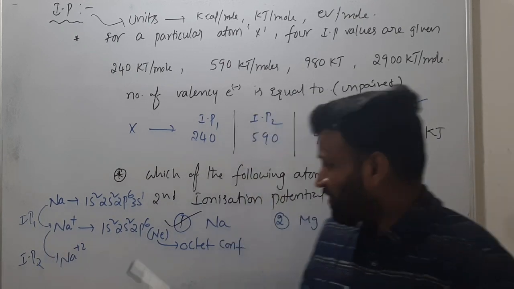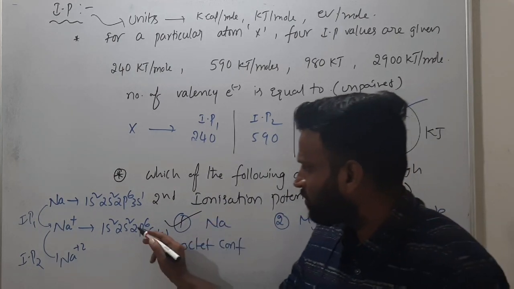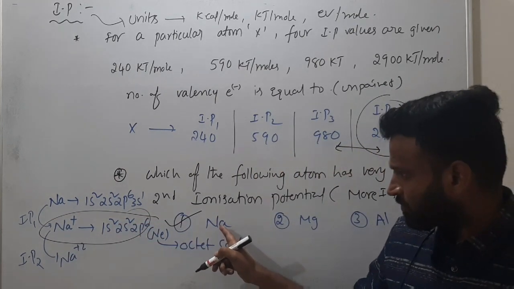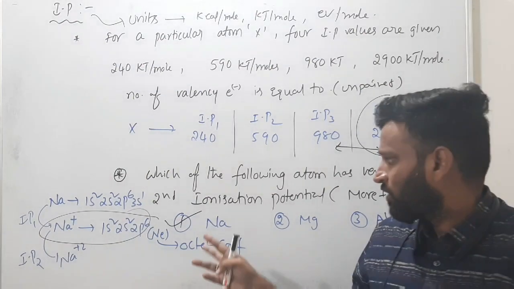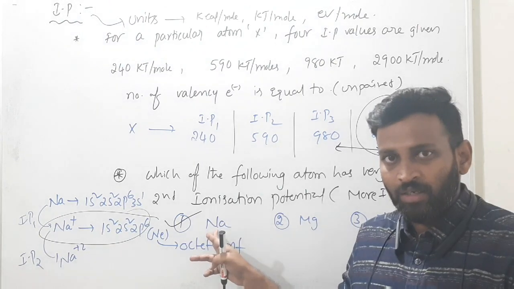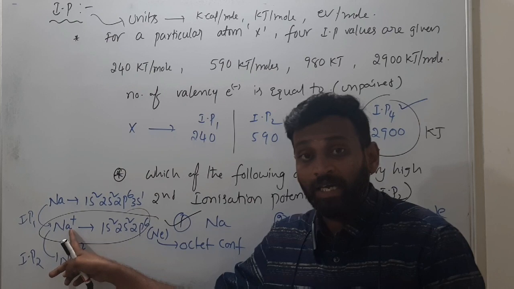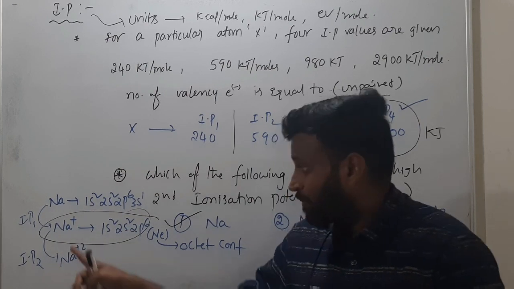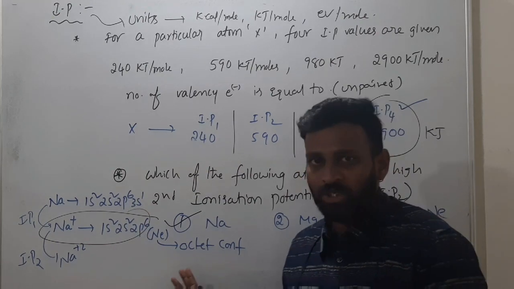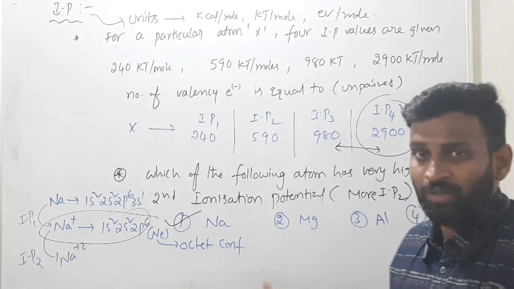So which atom has very high IP2? Sodium is the answer, because the first electron you can easily remove, but the second electron you cannot remove easily, because Na plus has a stable electronic configuration, which is called octet configuration. Very very important, please remember this one.